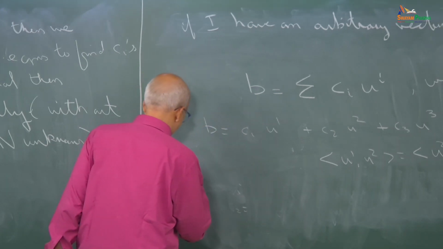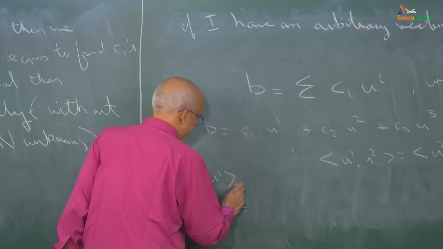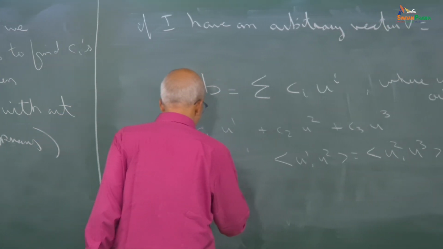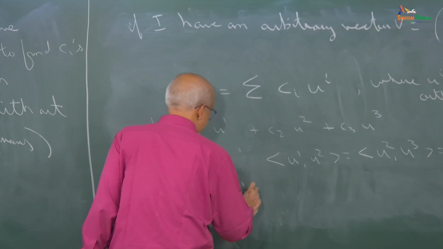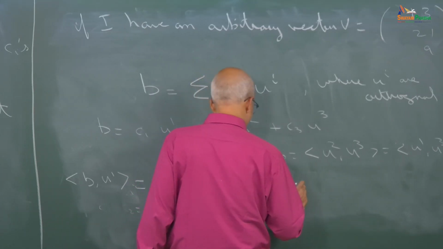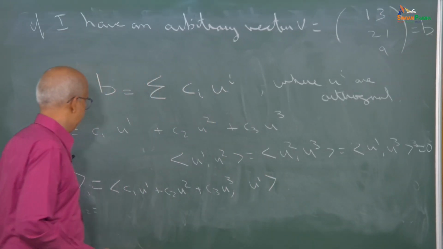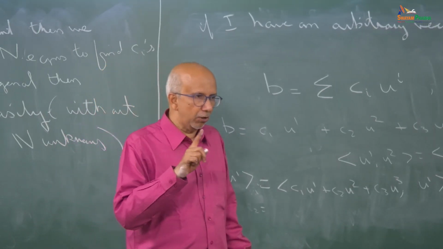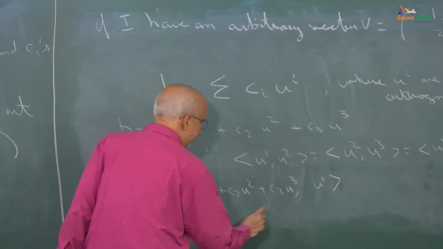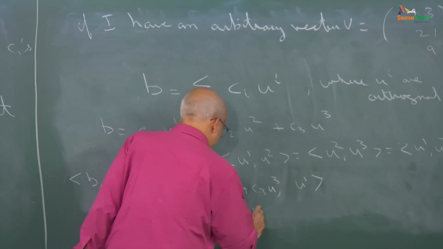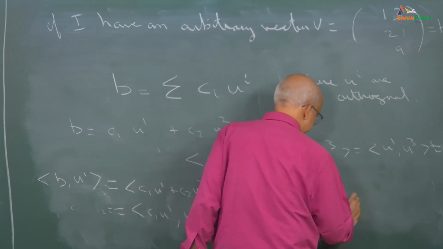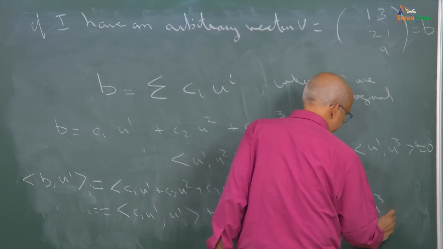If I take the inner product of both sides with U1, what do I get? I will do the inner product of B with U1. This is the inner product of C1 U1 plus C2 U2 plus C3 U3 with U1, and from the axioms of inner product, this can be written as inner product of C1 U1 with U1 plus inner product of C2 U2 with U1 plus inner product of C3 U3 with U1.